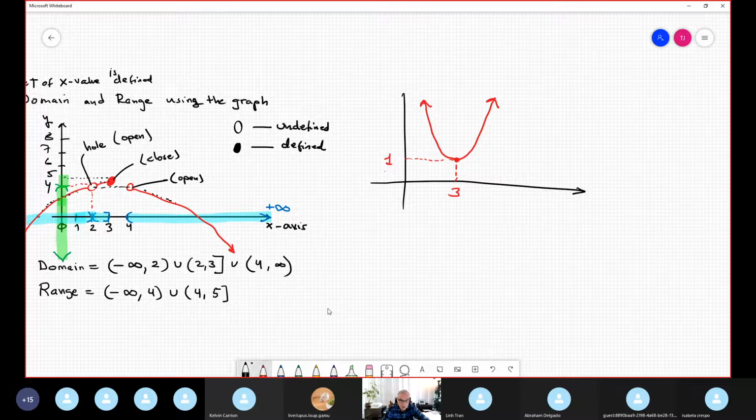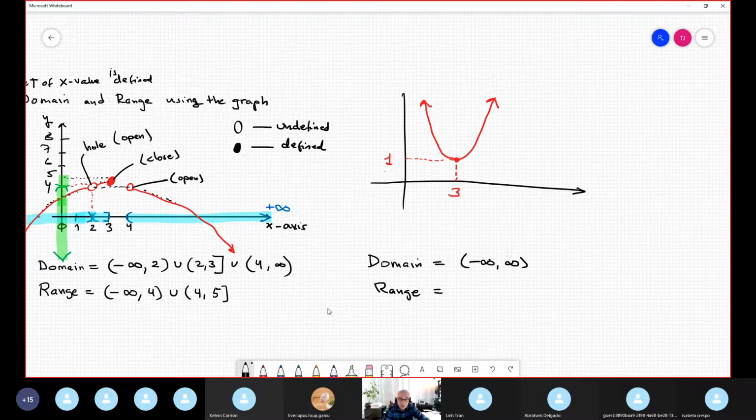So I ask you, determine graphically, looking at the graph, the domain and the range. You see, I don't see any gap, I don't see any hole, therefore the domain is all real numbers, from negative infinity to positive infinity.